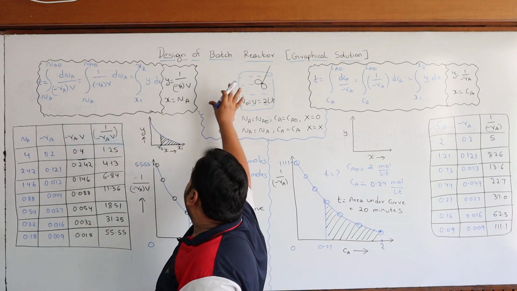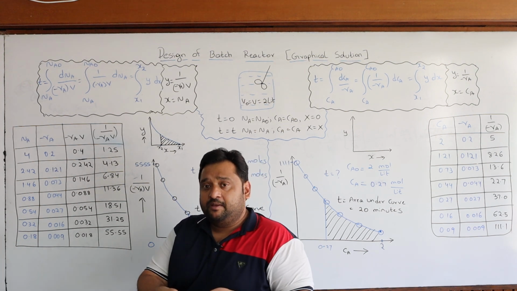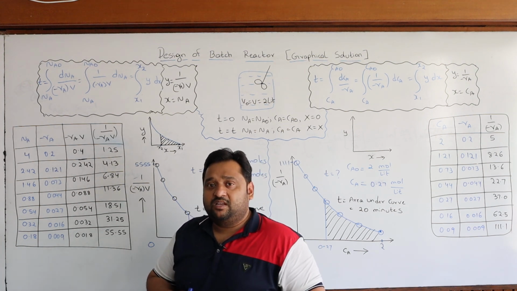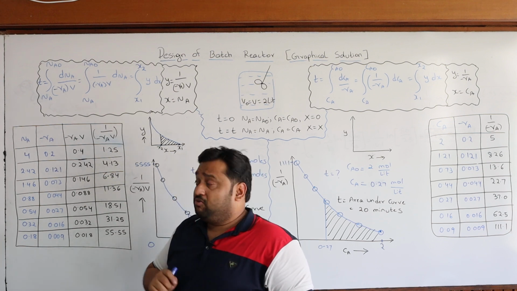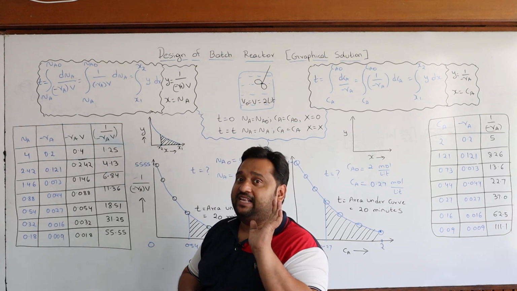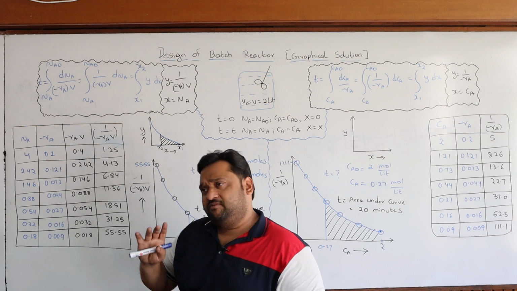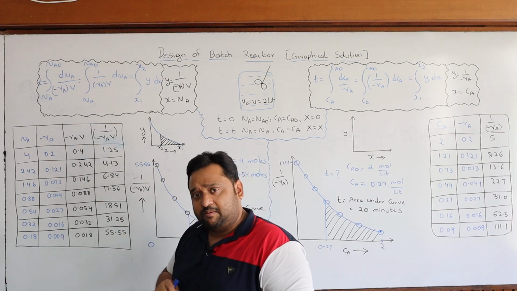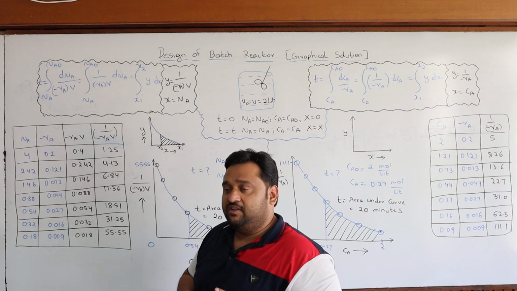That means I have conducted a few experiments, and I have taken some samples at random time intervals. First I took out a sample and measured how many moles of A are left. After some point of time, I did not fix the time, again I took out a sample from the reactor and measured how many moles are still left.